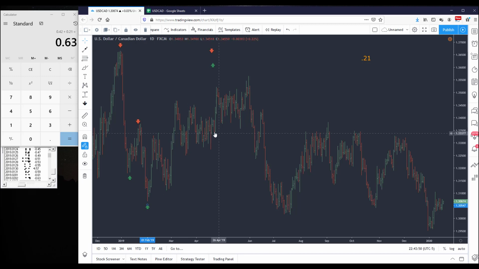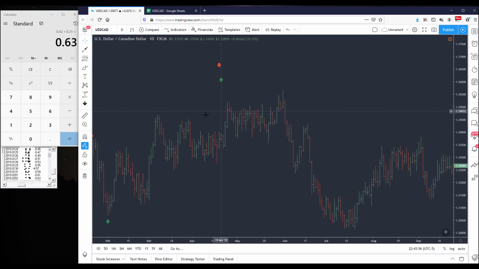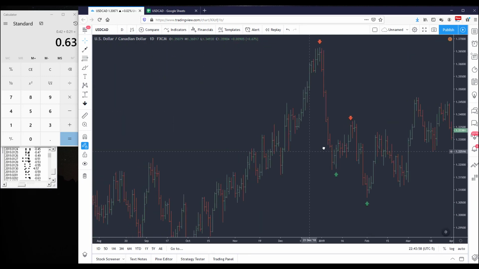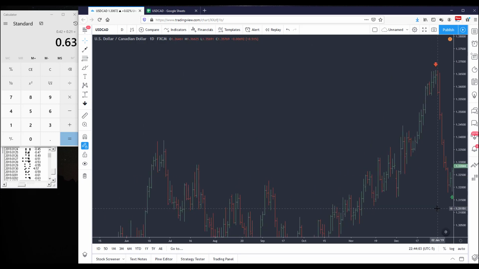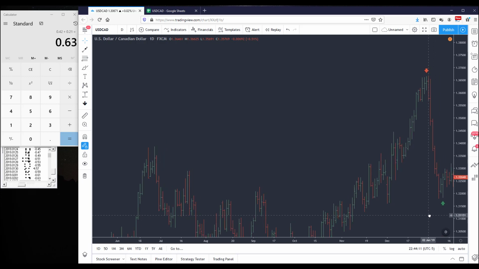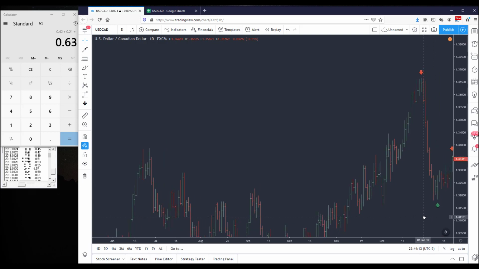Now, before I continue this, I want you to just pay attention to what we're doing here. We are essentially going from left to right. I don't know where the market is or is going to be. I just know the next date where the cycle is going to turn. So if I was to enter a trade here, I am just waiting for the next cycle date to hit to go the opposite direction.